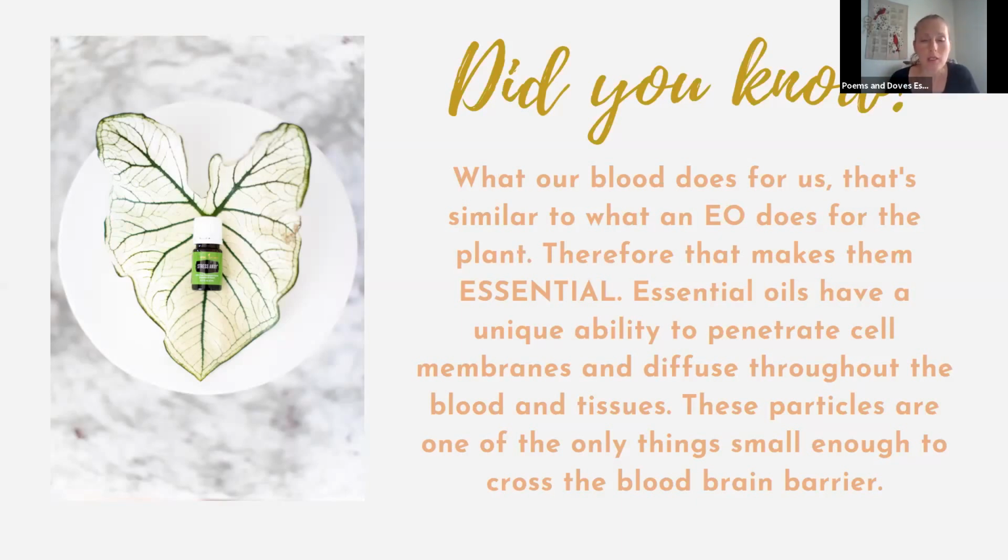That happens because the essential oil compounds are so tiny that they can pass through. That's why when you diffuse essential oils into the air, the particles are so small that you just breathe them in and they go into your body, affecting all of your organs and systems.